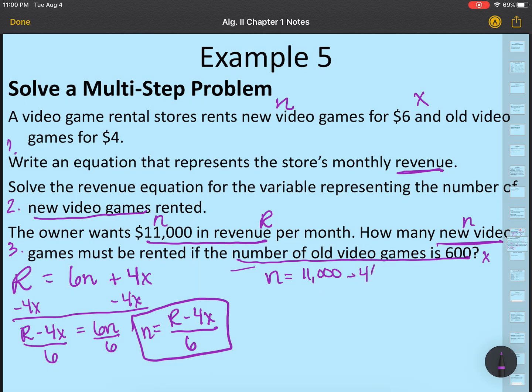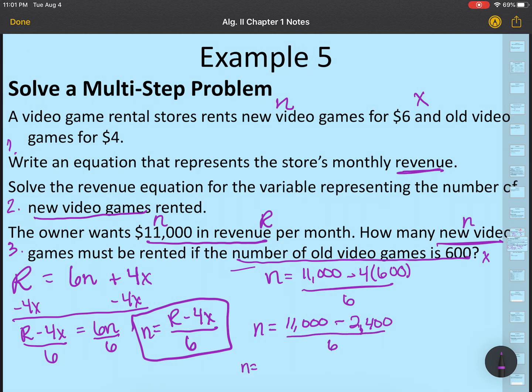So minus 4 times 600 all over 6. So I could figure that out. So first thing, I need to figure out, okay, 4 times 600. What's that going to be? Well, that's going to be 2,400. Again, all over 6.